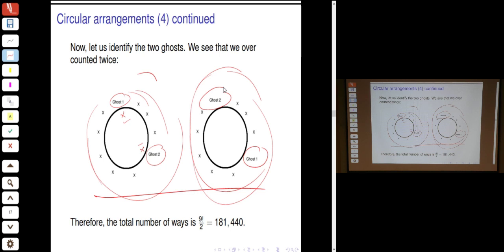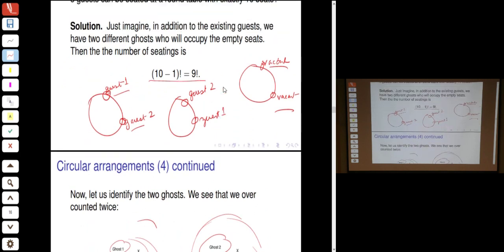Okay? So when you counted the total number of ways of arranging the 8 guests and 2 vacant chairs by thinking of the 2 vacant chairs as 2 different guests, you overcounted. You represented every real arrangement by a factor of 2, because every actual arrangement of 8 guests and 2 vacant chairs gives rise to 2 different arrangements of 8 guests and 2 ghosts.